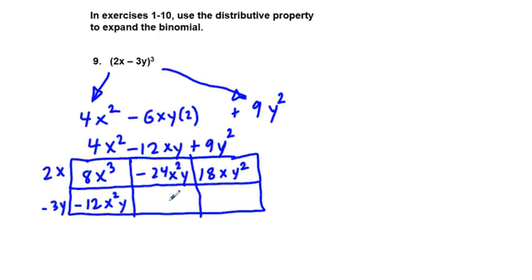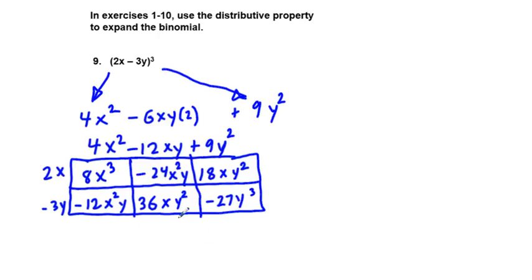And in the lower middle, we have negative 3 times negative 12, which is going to be positive 36 xy squared. And in the lower right, we're going to have negative 3 times 9, which is going to be negative 27 y cubed.